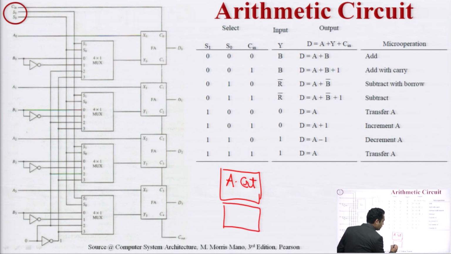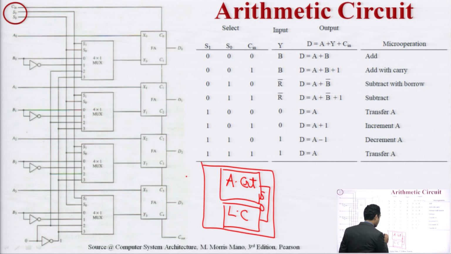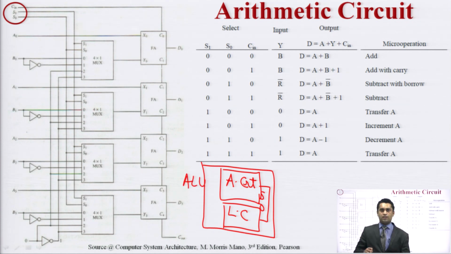We have another one, the logic circuit, and a special part which deals with the shift operations, and this completely makes the ALU. So what is the outline? What is the actual picture? The actual picture is, one, we have the ALU, one, we have the registers. We are completing both things, and now a CPU is designed. CPU, input, output, and the memory. Now a computer is designed.